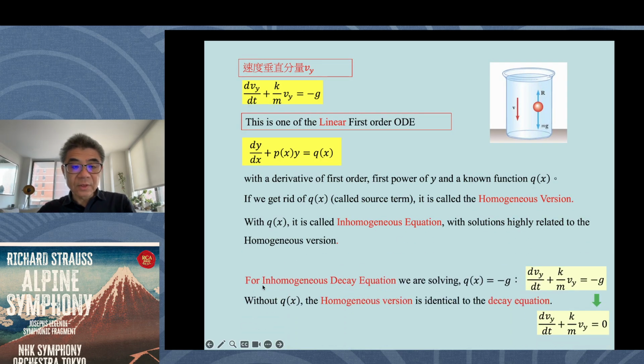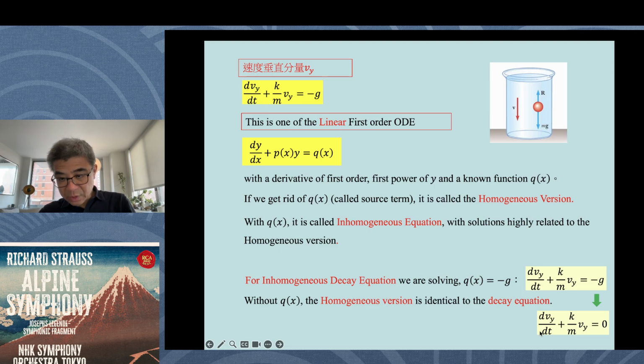Now let's apply this terminology to the equation we are going to solve. For the equation for Vy, maybe we can call it the inhomogeneous decay equation, because it will become clear later. For this inhomogeneous decay equation, Q(x) is equal to minus g. And without Q(x), the homogeneous version is identical to the decay equation. Without this minus g, it simply becomes dVy/dt plus k over m times Vy equal to 0.